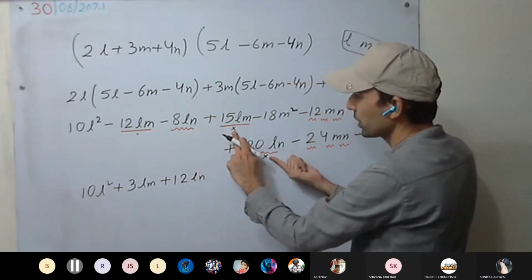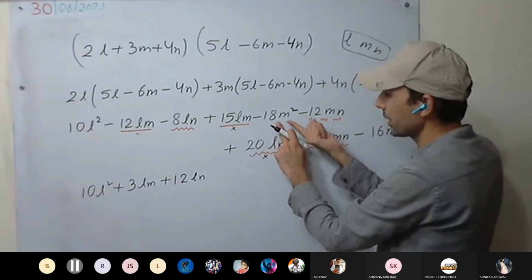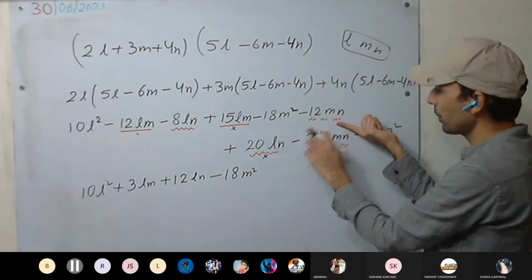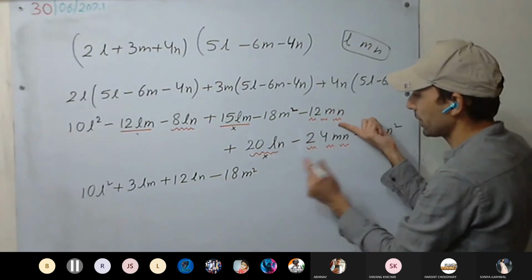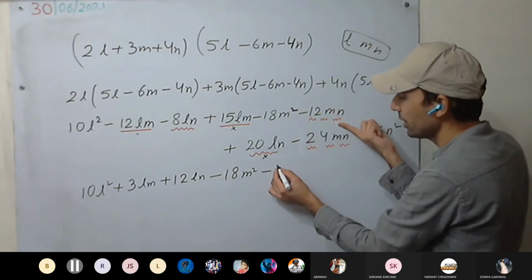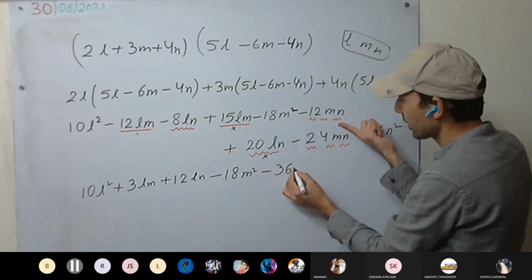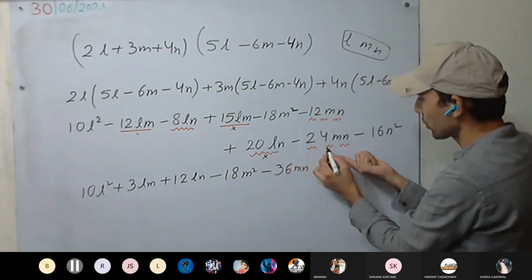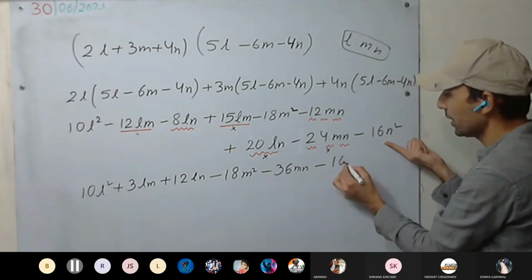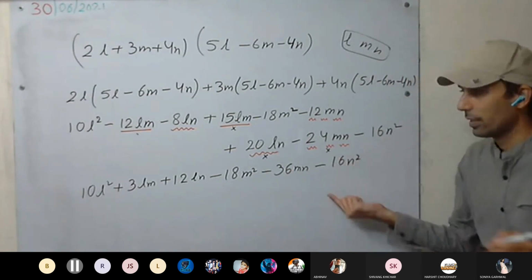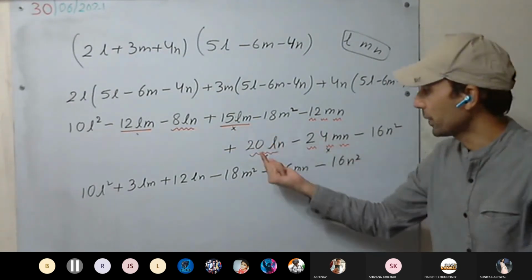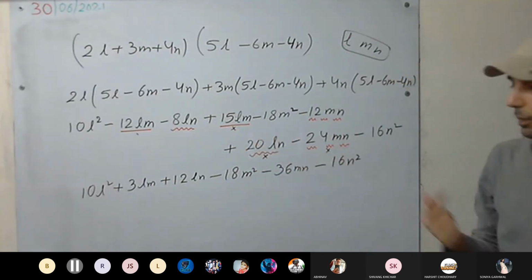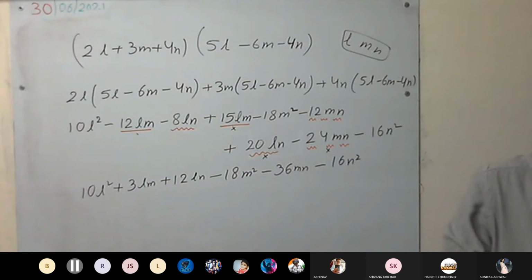Now next one, this is already used. Minus 18 M square. Minus 12 MN minus 24 MN, minus 36 MN. This we already used. Keep moving. Minus 16 N square. Understood? This way you won't make a mistake if you mark a little bit that these we have already taken. This is the answer.